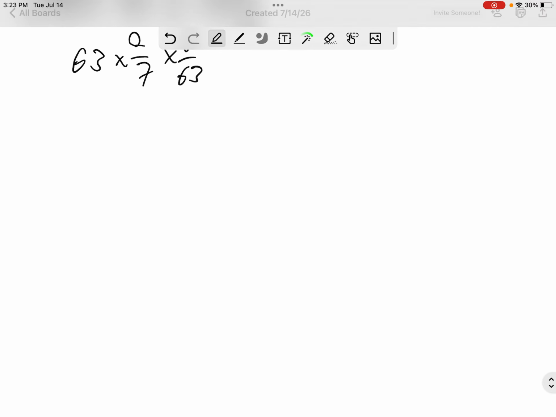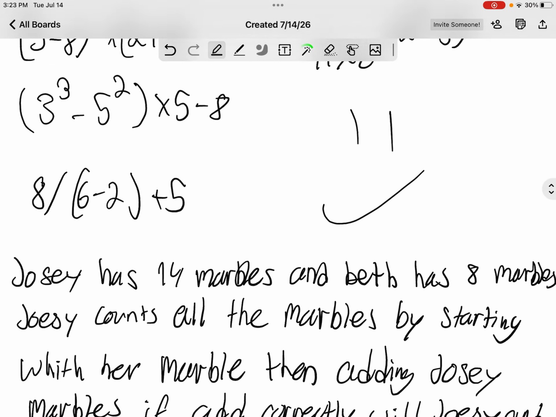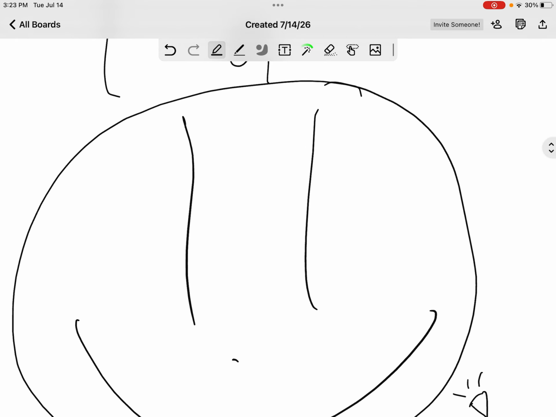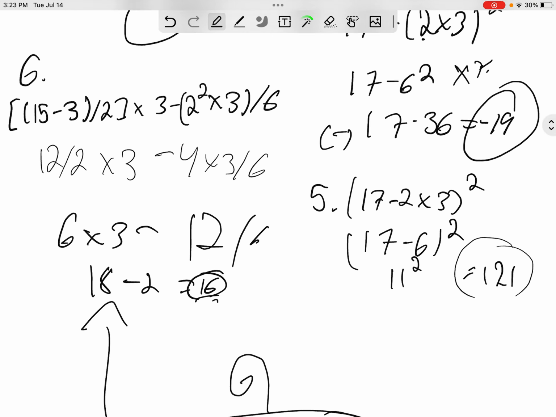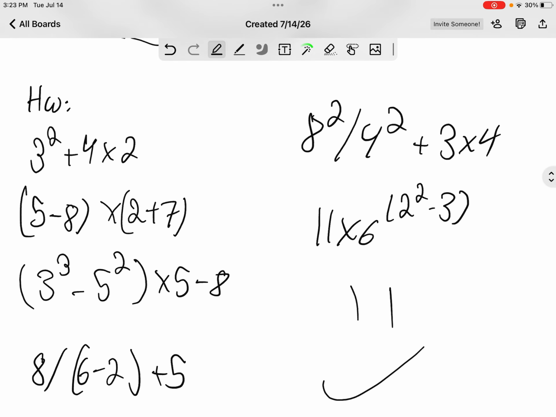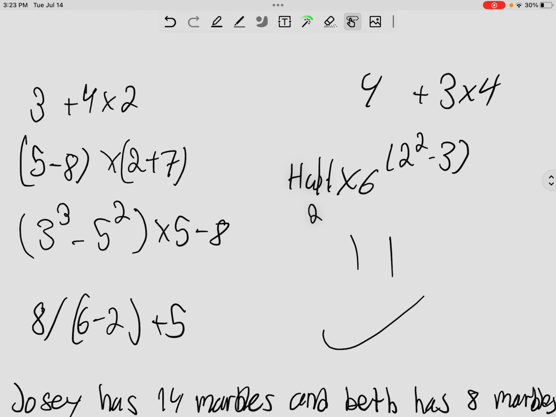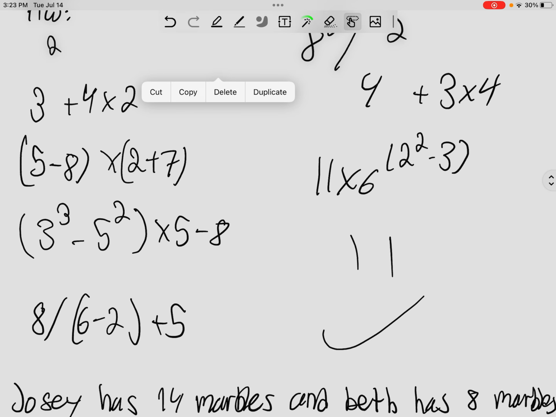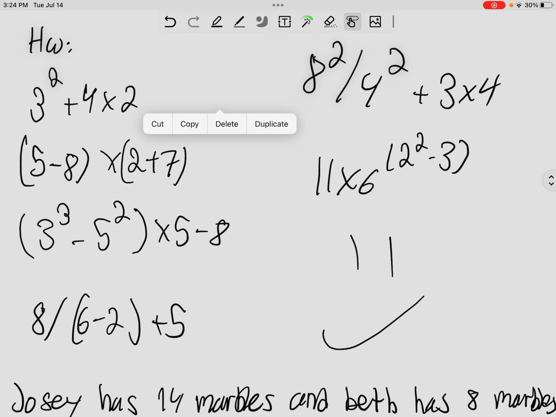How fun. You and I hate it, but I have to do it. That's one big smiley face. Oh yeah, here's the homework. Okay, so... That's better, okay.